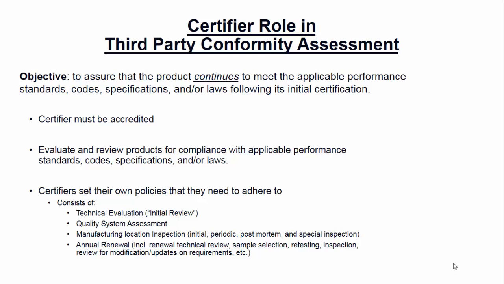So the certifier's role in the third-party conformity assessment: the primary objective is to assure that the product continues to meet the applicable performance requirements after its initial certification. And in order to do that with the rules in North America, the certifiers must be accredited, as mentioned. They would then in turn evaluate the products from the manufacturers for all of the applicable performance requirements.